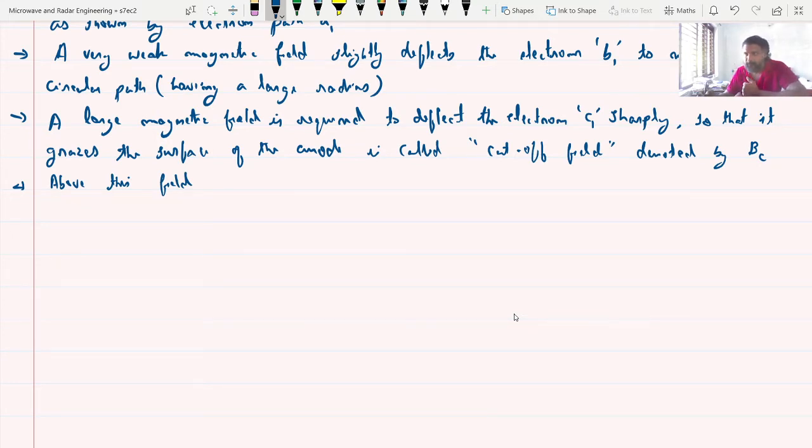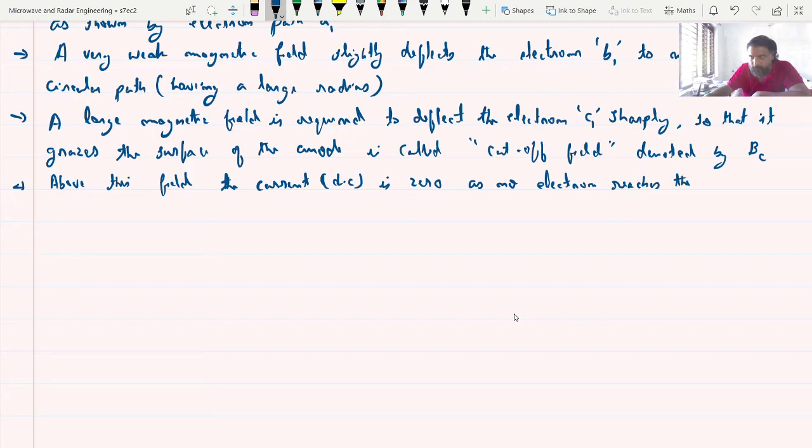Next, above this field, that is above BC, the DC current is 0, as no electron reaches the anode, that is shown as electron D1.